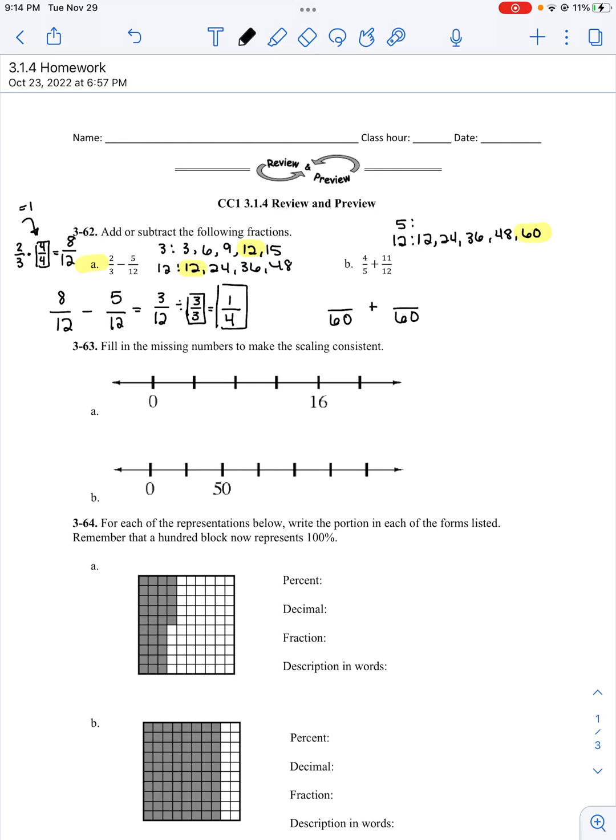Okay, so first step, 4/5 times what will get me to a denominator out of 60? Well, 5 times 12 is 60. So to make giant 1, 4 times 12 is 48.